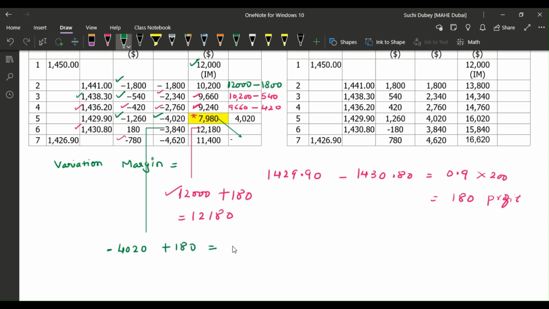And if you simplify this, you get 3840, but you will still be at minus because you have more losses. And further, again 780, so it has become 460. So in this way, your margin account: if you ask me right at the end of the seventh day how much is the margin account balance in my margin account, it is 11,400, which is this value.